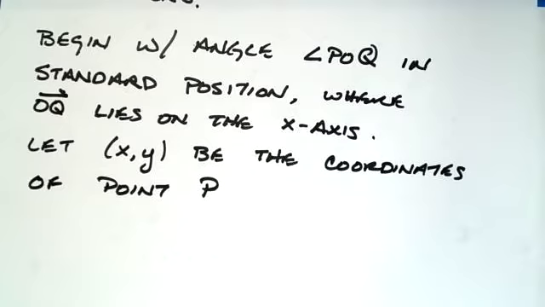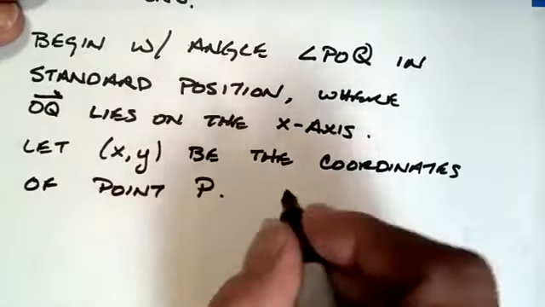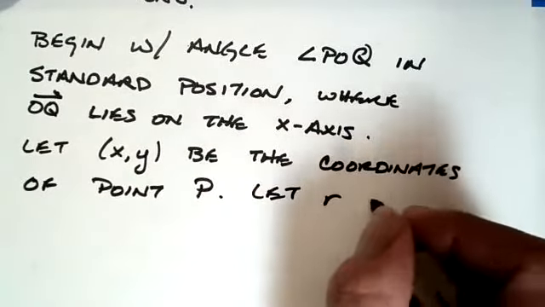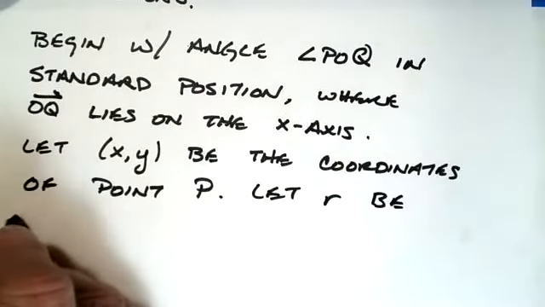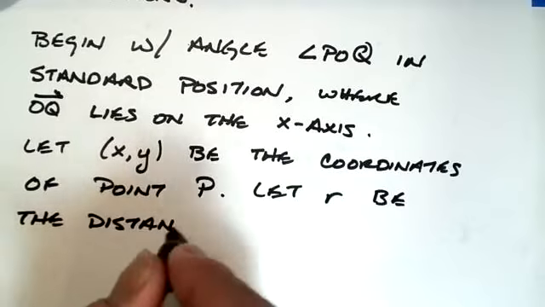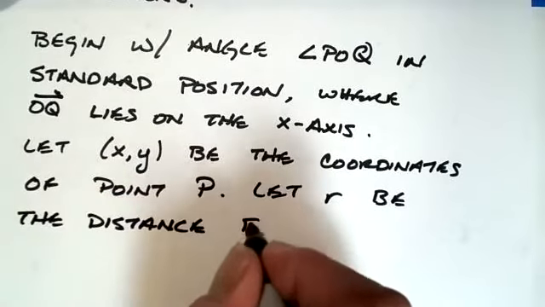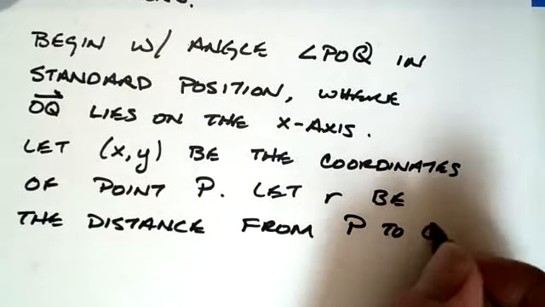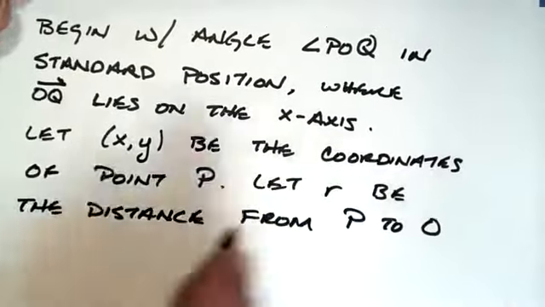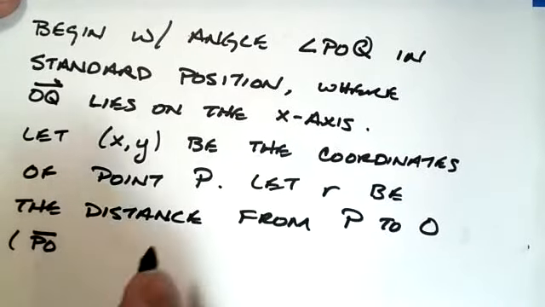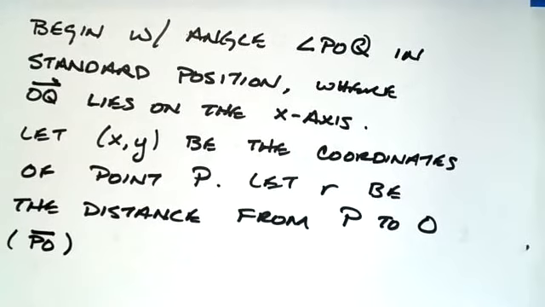Now, we're going to use this term: let r, lowercase r, be the distance from P to O. So this is from point P to the origin. Alternatively, we could say that that is the length of the line segment PO.